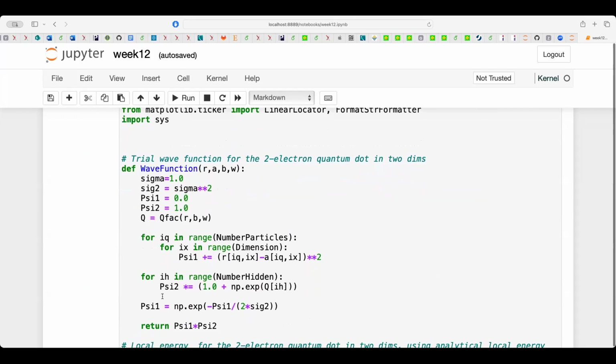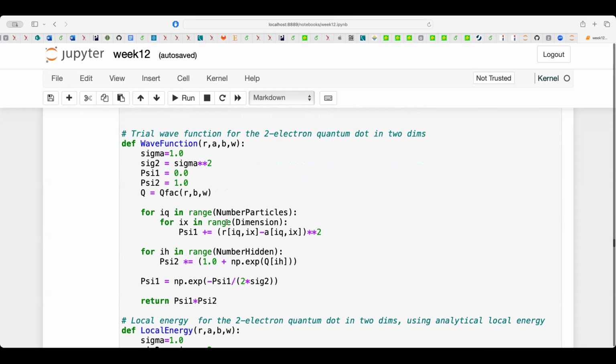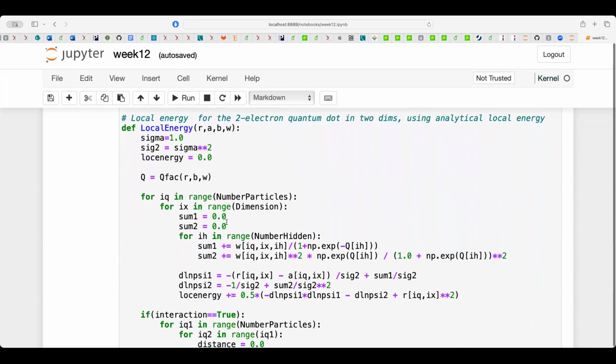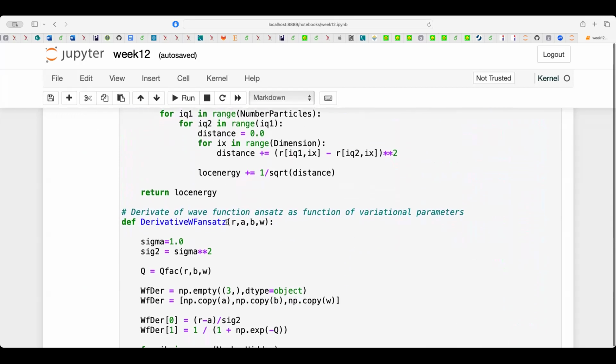So I'm actually performing that summation. I'm summing away the hidden nodes, but the parameters for the hidden nodes actually enter into this factor Q here.